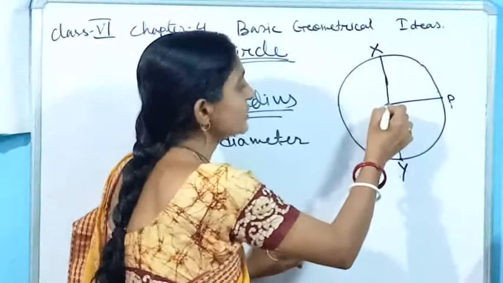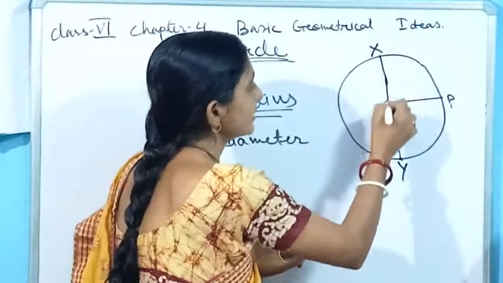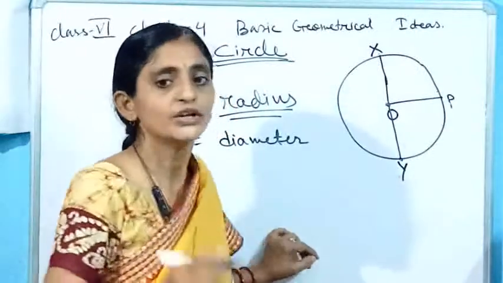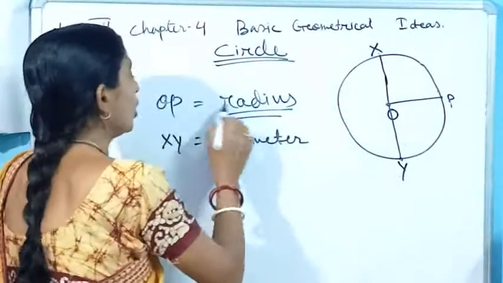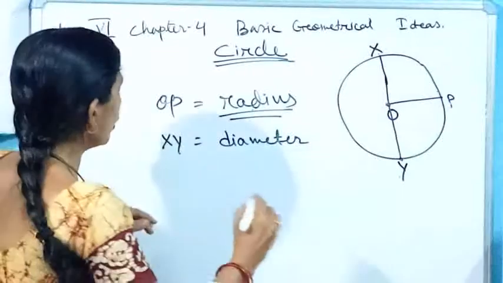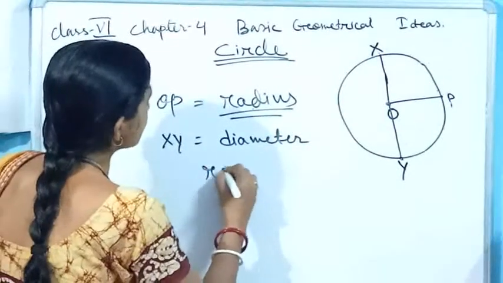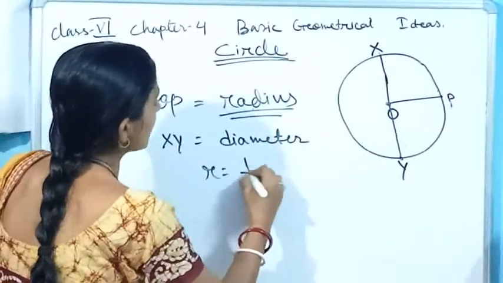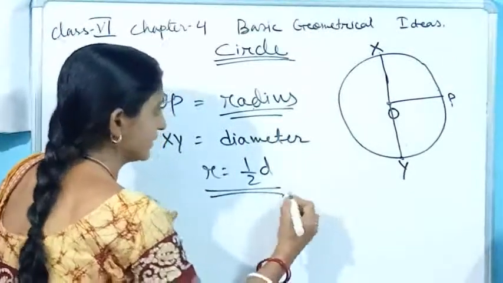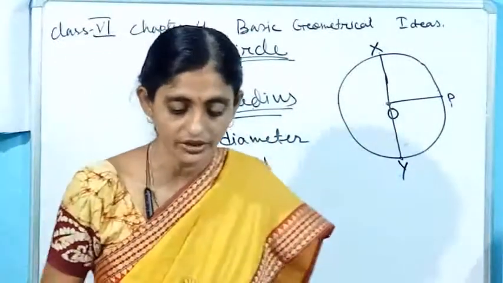So here you can see that OX and OY will definitely be equal. So that means the radius is always half of the diameter, or radius is equal to half of diameter. We can present it like that. You can understand it from here also.